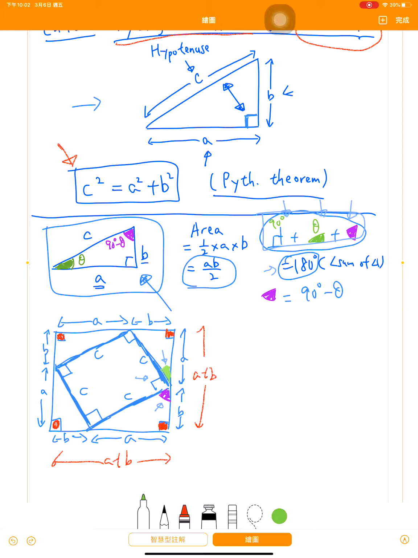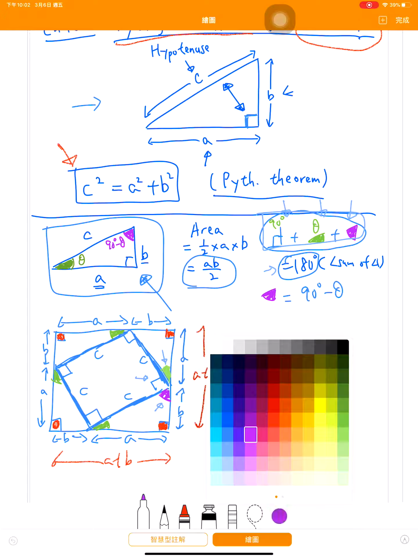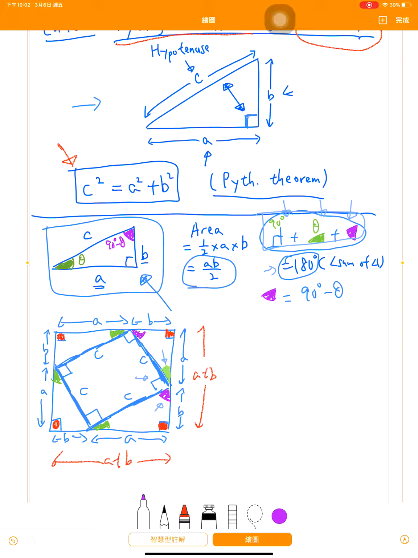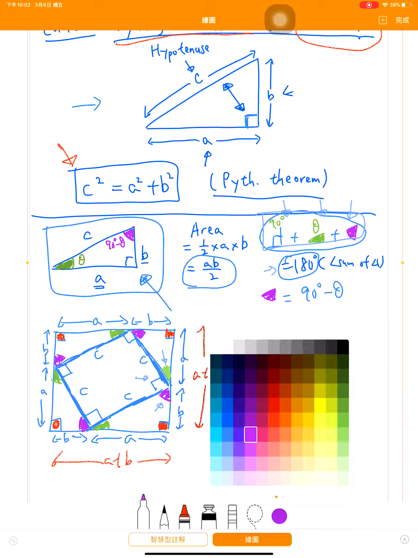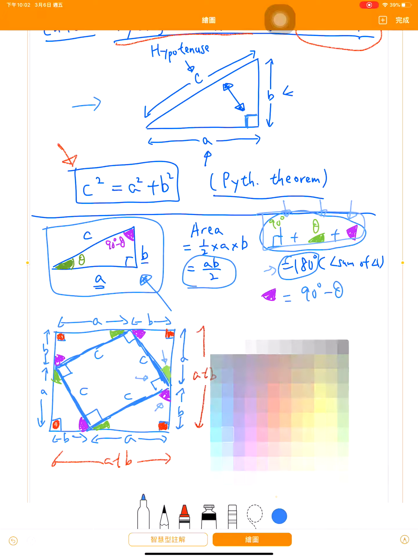So we know that this one is a square. Similarly, all of them, this one green, this one green, this one green. And for the other angle, this one purple, this one purple, this one purple. And we know that all of them are in this combination: green, 90 degree, purple, repeated around.